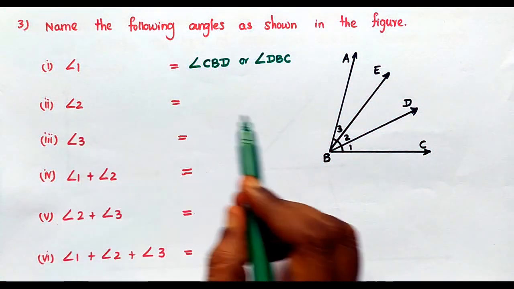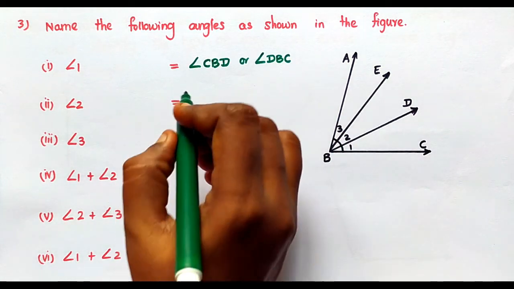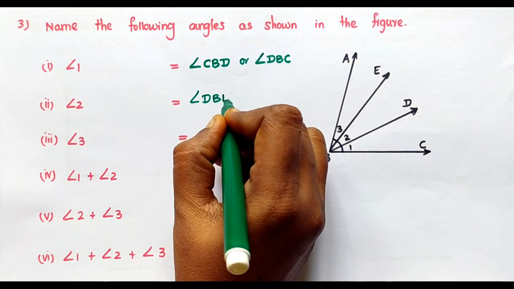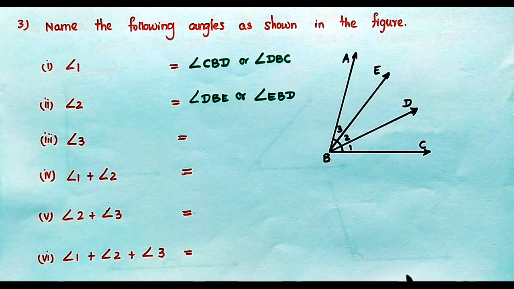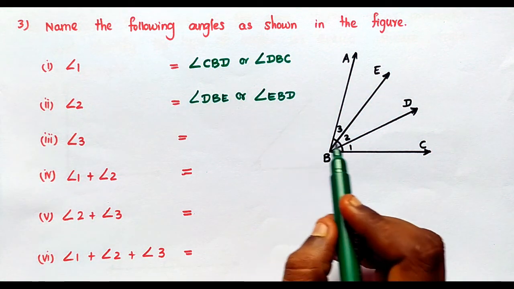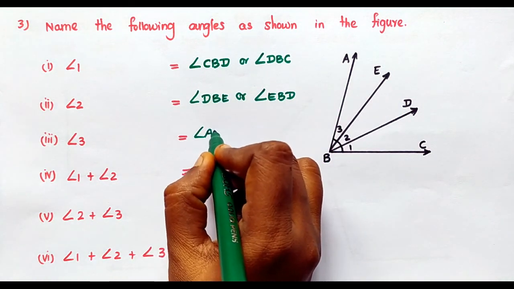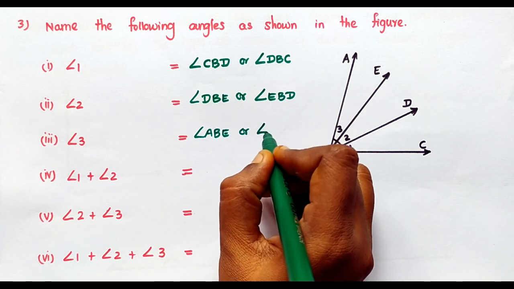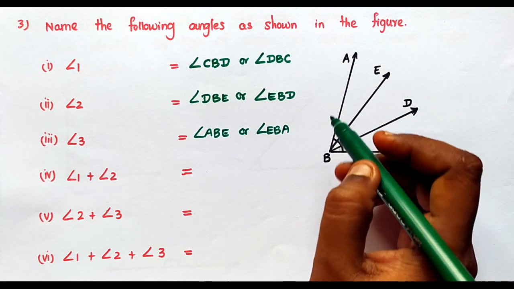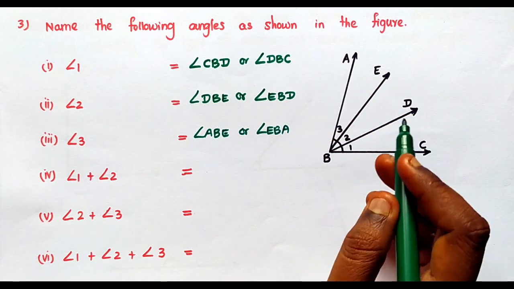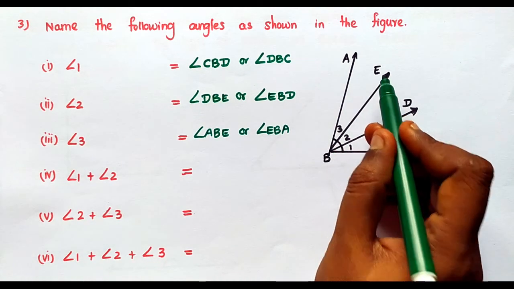Next angle 2, that is DBE or EBD. Next one, angle 3, EBA or ABE. Next angle 1 plus 2, so that is CBE.